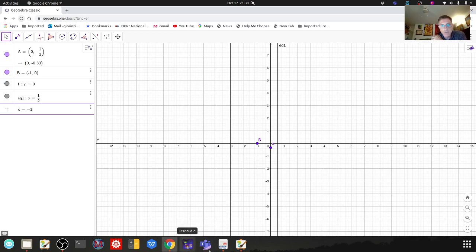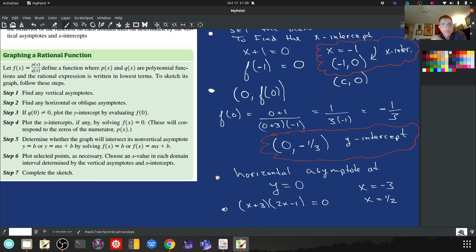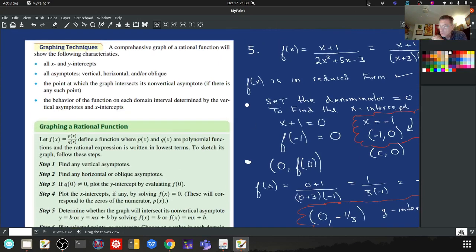So let's see what else we're supposed to do. We found the vertical and the horizontal asymptotes. Next is the point at which the graph intersects its non-vertical asymptote. This is what we were just saying we should do.